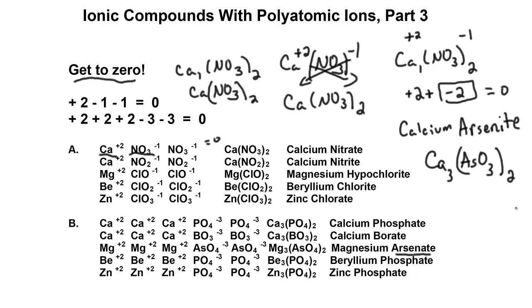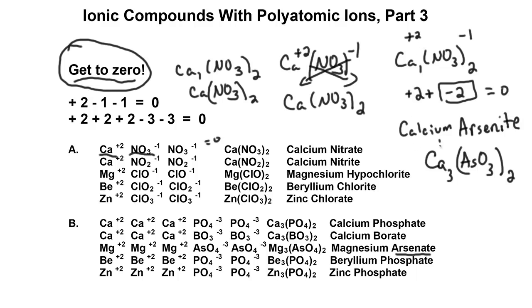Now the question is, you know that arsenate is a -3 ion, but what is the charge of arsenite? You might suspect that it could be a -3, but how are you going to find out for sure? Well, you're going to go back and use what we did over here. Get to 0. And the way we did it is the same method that's right here in front of us.